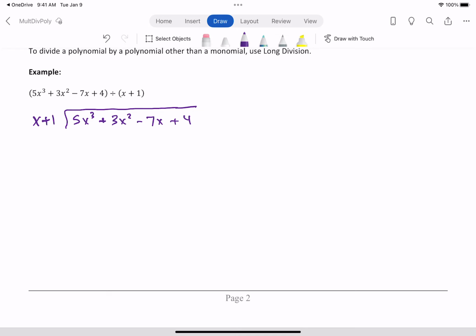And then there's not a very easy way to do this, unfortunately, but at least it is repetitive. So the process that we're going to follow, we are always going to divide, multiply, and then subtract. All right, let's see what we're going to divide, multiply, and subtract.